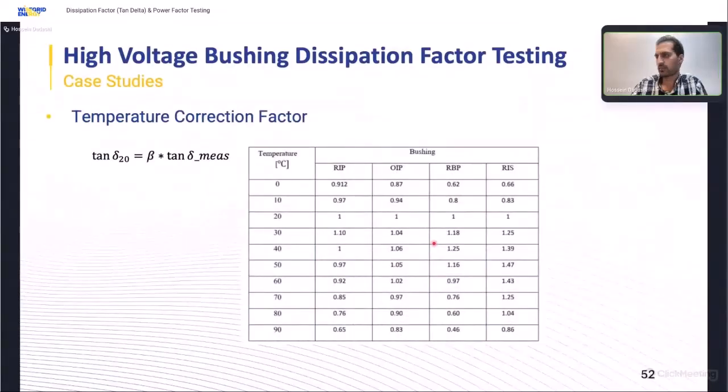Regarding the temperature correction factor of bushings, it's similar to the power transformer. There is no standard which gives us unique values for all types of bushings, but there are temperature correction factors which are used in test kits on the market, like this table.